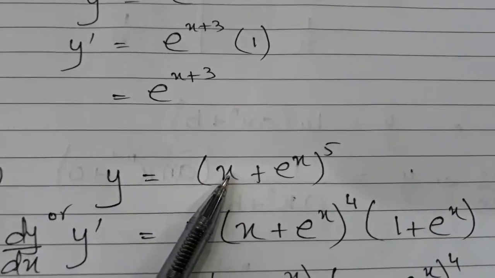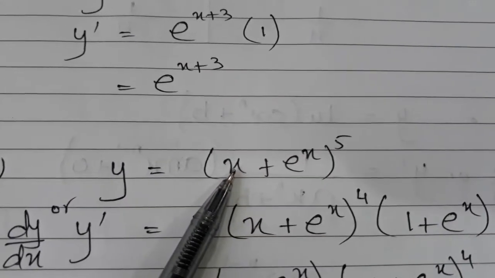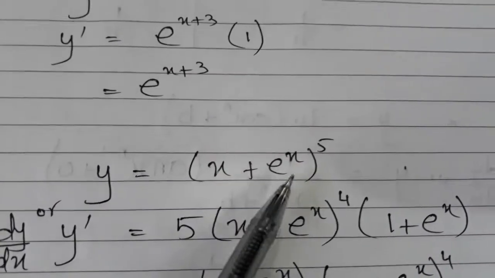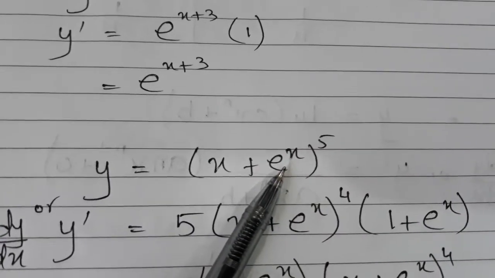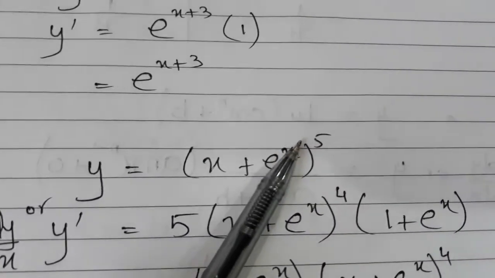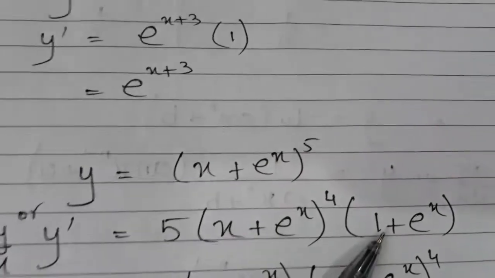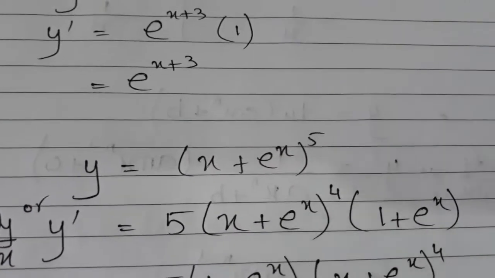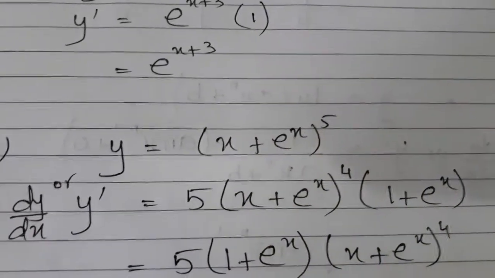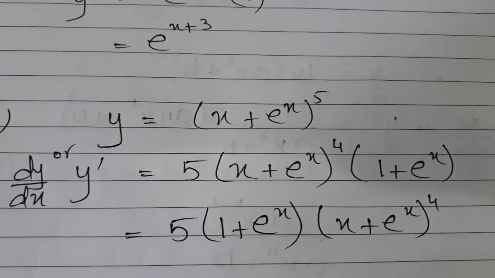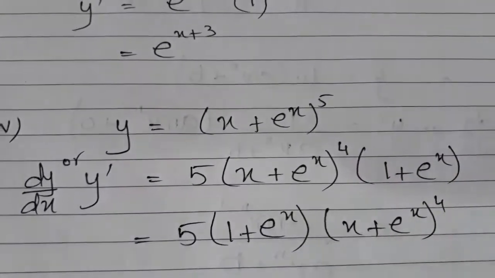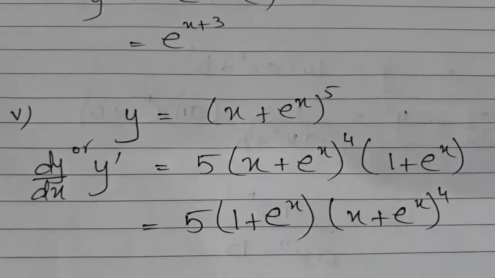This is 1, I mean, when I differentiate, it will become 1. And what about this? As it is, multiplied by the differentiation of this, which is 1. So I can write it like this. Yes, makes sense? So I'm just rewriting it. So this is the gradient function for this function.